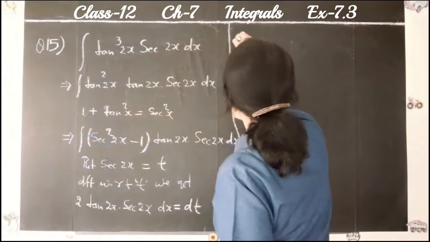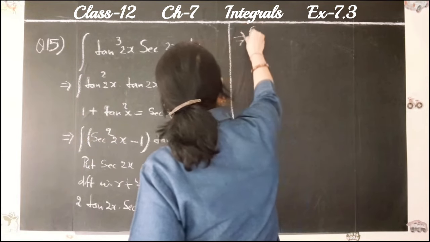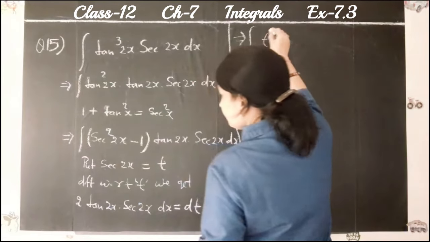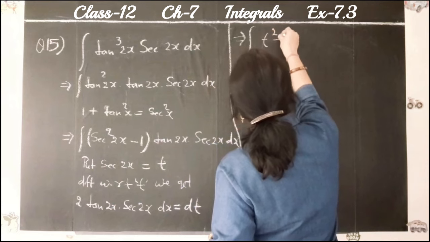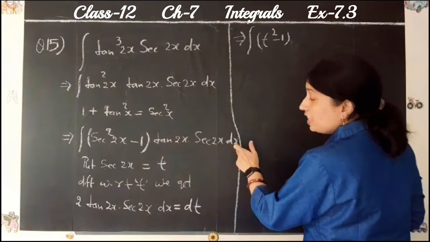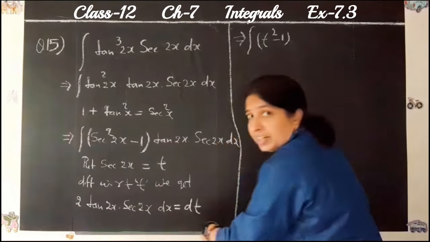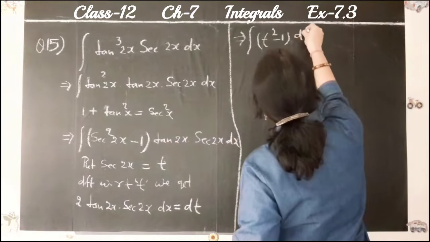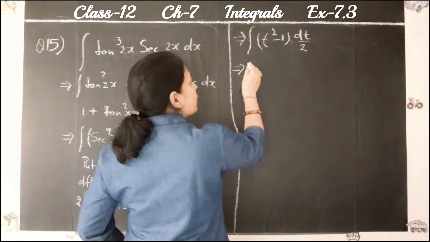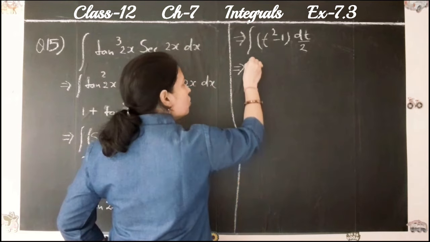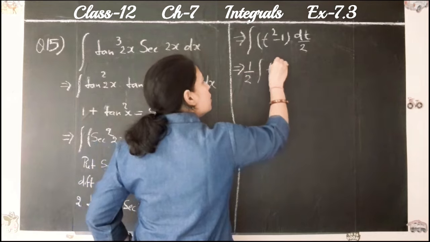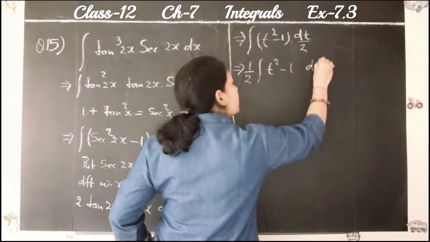Now we can write the integral. sec square 2x is t, so it will be t square minus 1. And in place of tan 2x sec 2x dx we can write dt by 2. So write here dt by 2. So we take this 1 by 2 outside, so it will be 1 by 2 integral of (t square minus 1) dt.